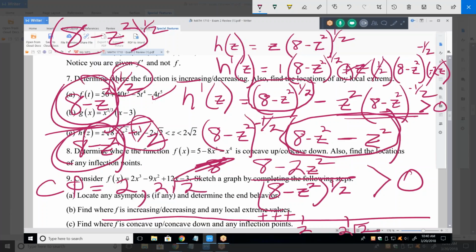Now, what's between 2 and 2 root 2? What's a nice number to use? 2.5. Okay, I was going to say 3, and then I realized that 2 root 2 is less than 3. So we can't use that. So, okay, 2.5 is a good number to use.